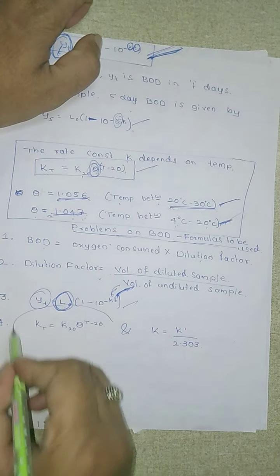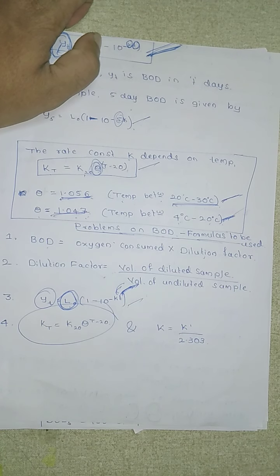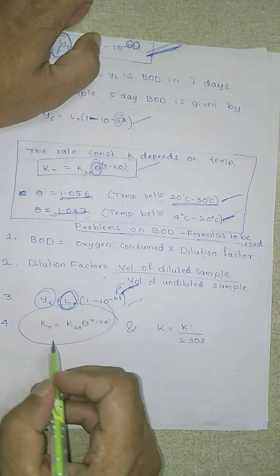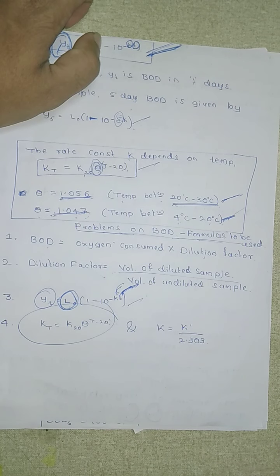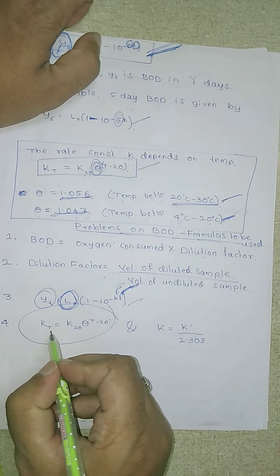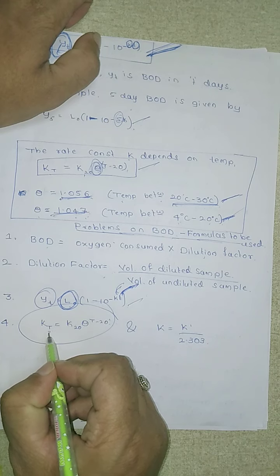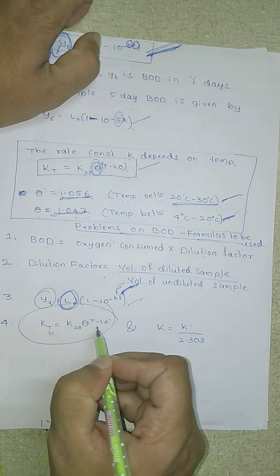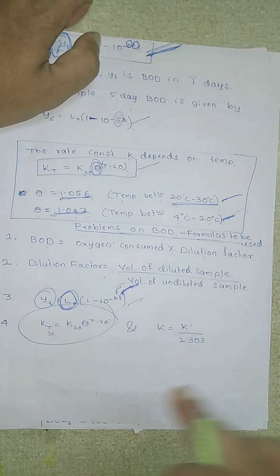Just now we discussed that the rate constant varies depending upon temperature. If the rate constant value is not given, we use the formula for kt. Suppose the k30 value is not given, and k20 and the temperature variation are given, then we can find the rate constant at k30.